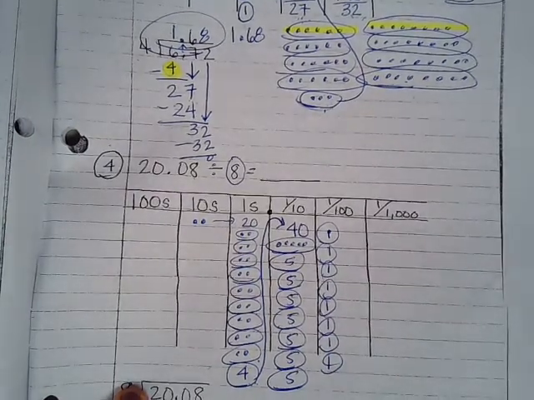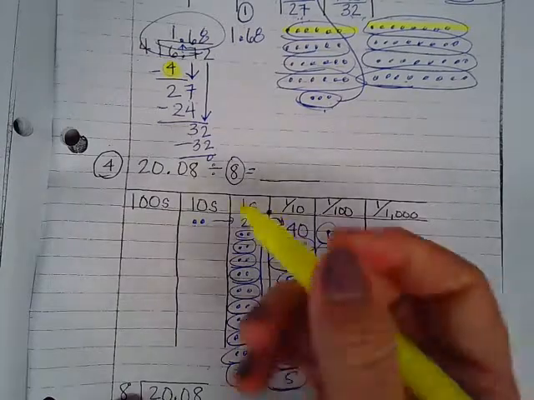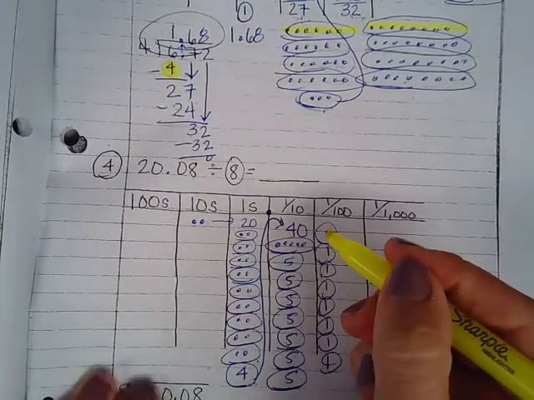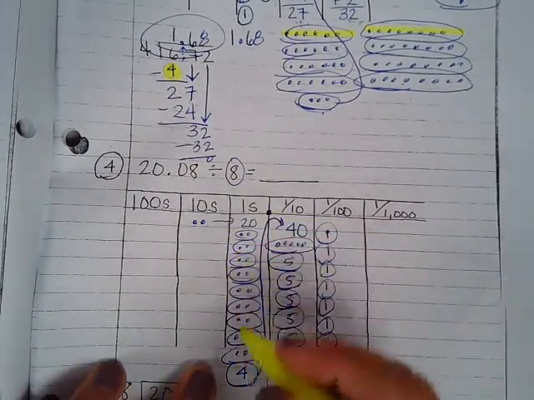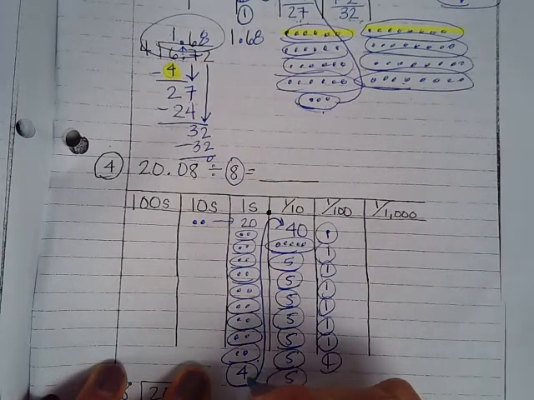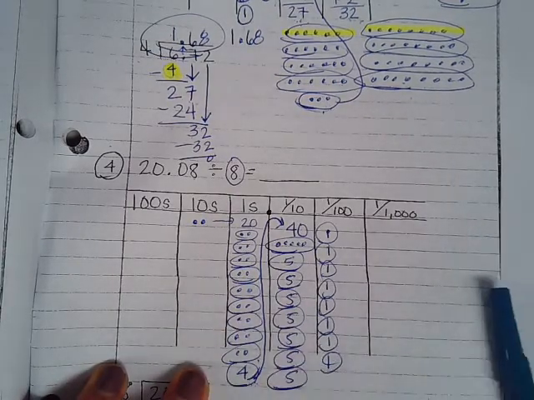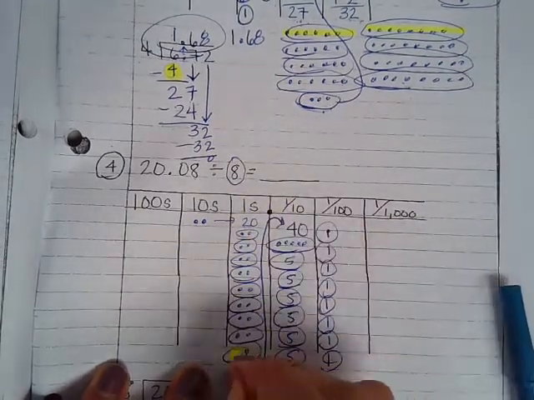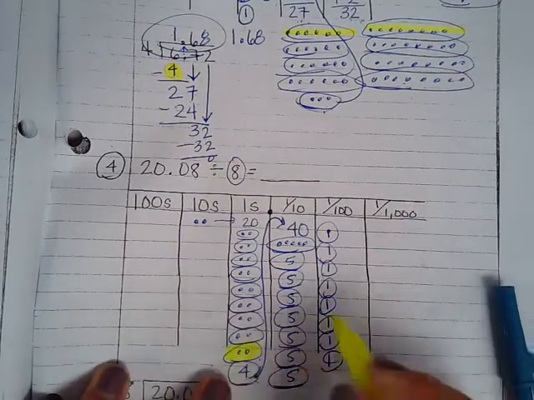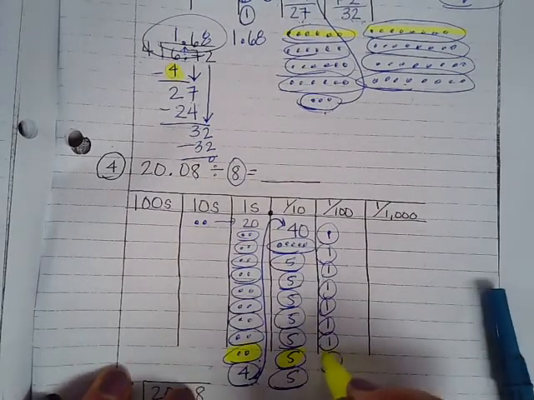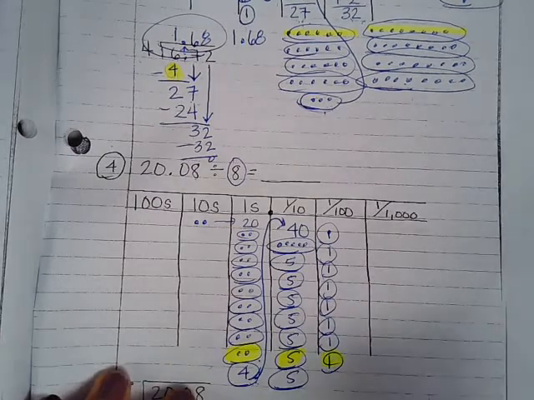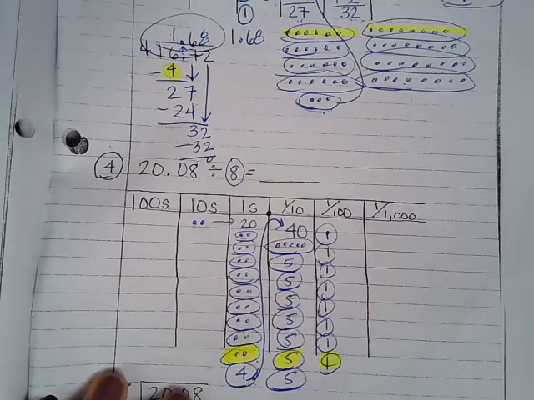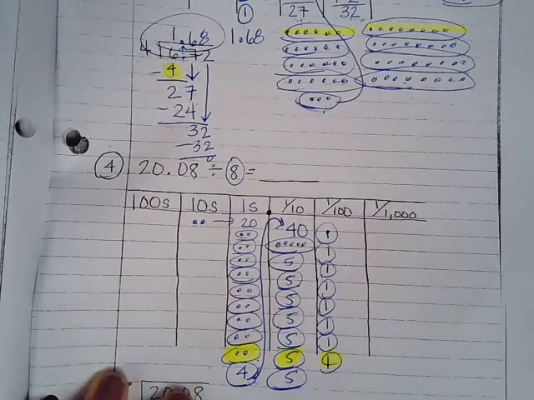So now, what do we end up with? Well, this might look a little confusing right here, but we end up with 2, 5, 1. 2, 5, 1.